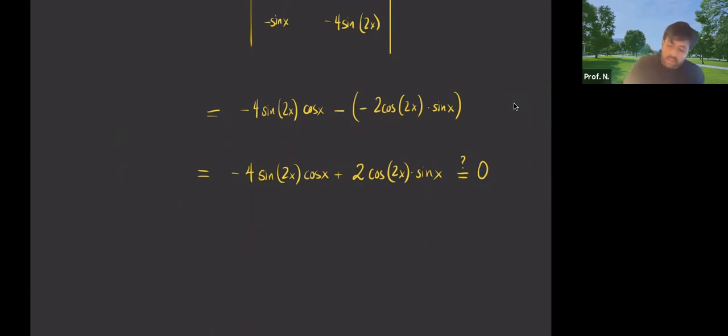So let's see. What if I rewrite this as its equivalent form? Negative 4, this is multiplied by 2 sine of x times cosine of x. So I would get negative 8 sine x times cosine squared x. Now how about this guy? Cosine here.